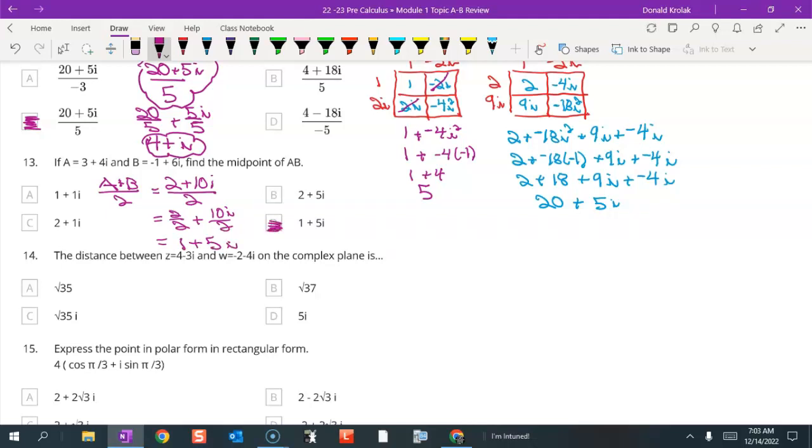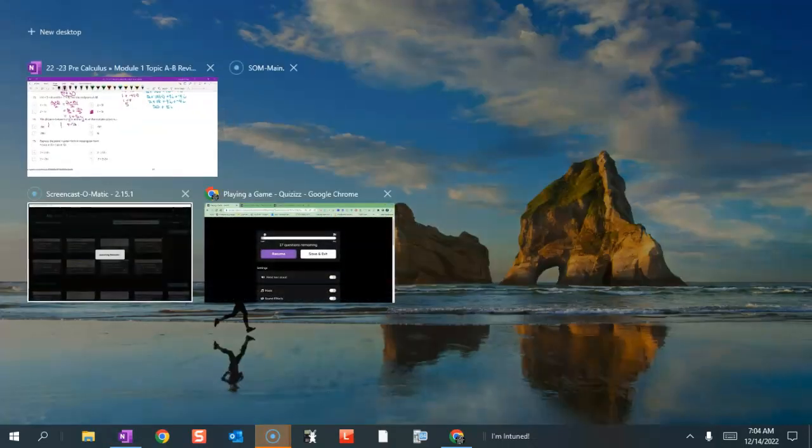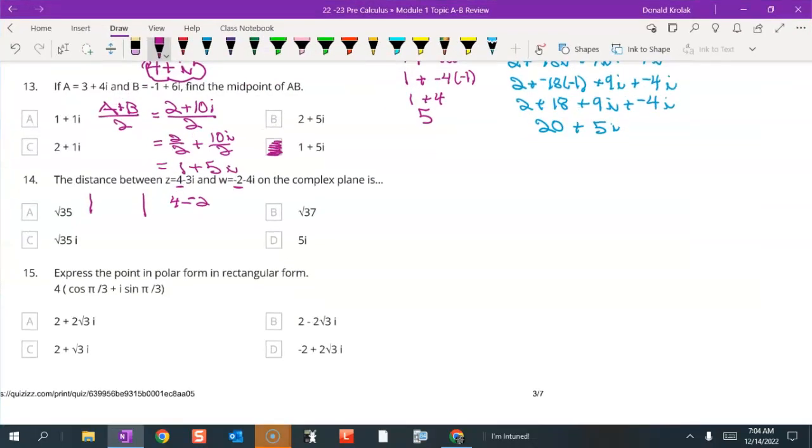Okay, find the distance. So to do the distance, you subtract the two and you do the modulus. Okay, so I'm going to go 4 minus negative 2. That's going to be 6. And then I'm going to do negative 3i minus negative 4i.